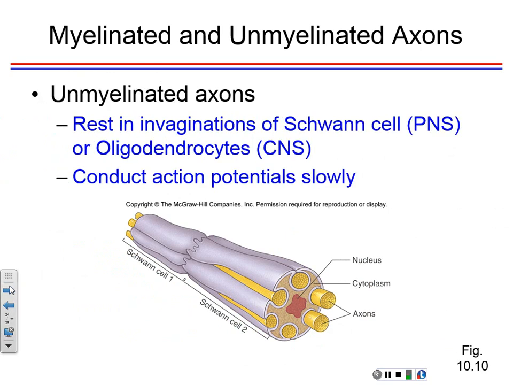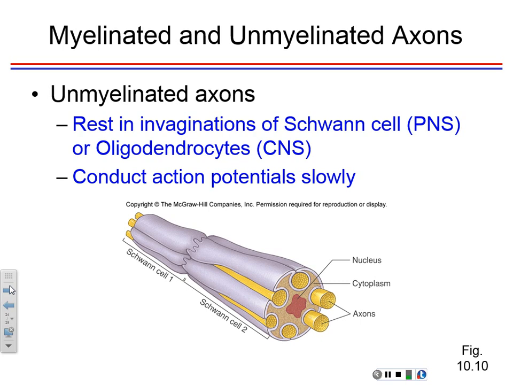Unmyelinated axons, of course, do not have the actual cell wrapping itself around. But oligodendrocytes and Schwann cells still surround the unmyelinated axons, for what? This time for insulation only against each other.